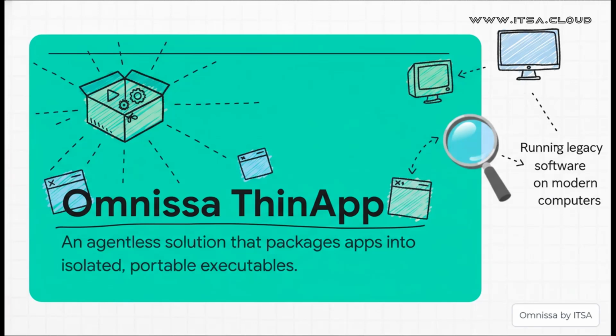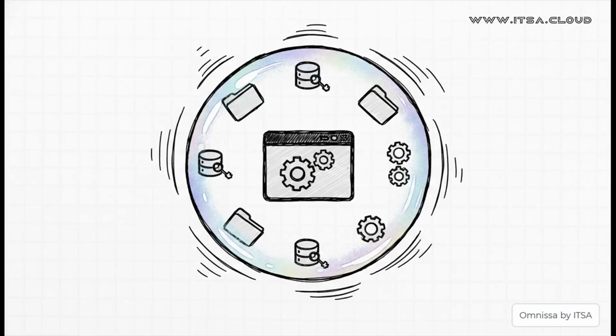So the technology that actually makes this happen is called Omnissa ThinApp. Now, the official definition is an agentless application virtualization solution. I know that's a mouthful, but all it really means is that it wraps up an app into its own little world, and it does it without you having to install any extra software on your computer. But let's break that down even more. What does that actually mean for you and me? It's simple.